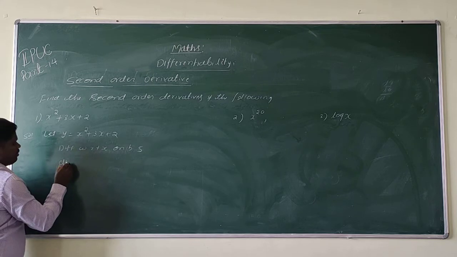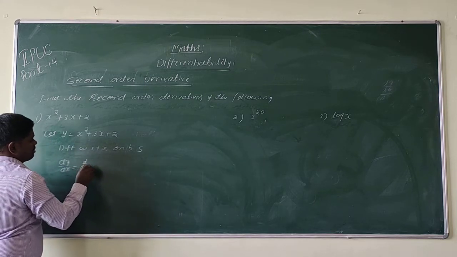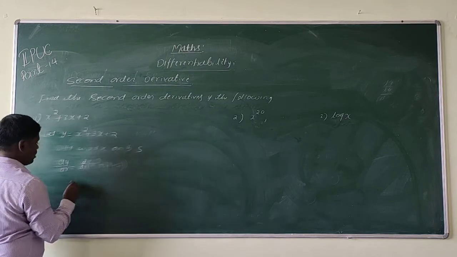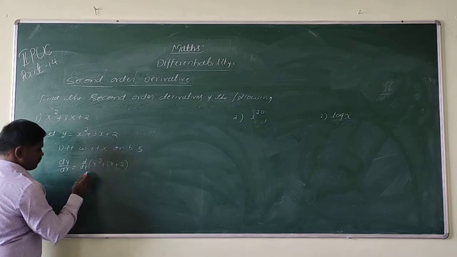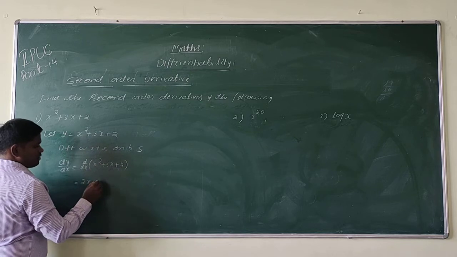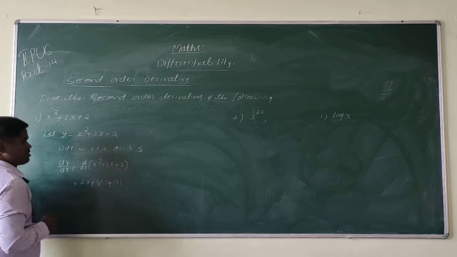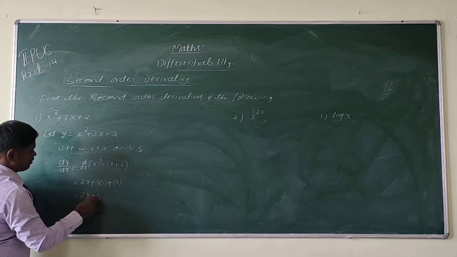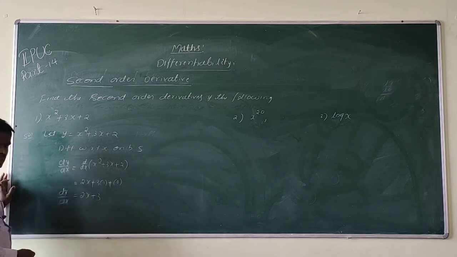Then we get dy by dx is equal to d by dx of x square plus 3x plus 2. By the algebra of derivatives, we differentiate the terms separately. Differentiation of x square is 2x, differentiation of 3x is 3 into 1, and differentiation of 2 is 0. So we are left with 2x plus 3. This is dy by dx, and it is again differentiable.